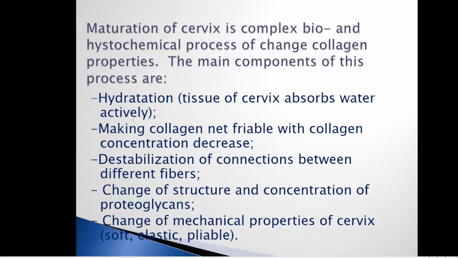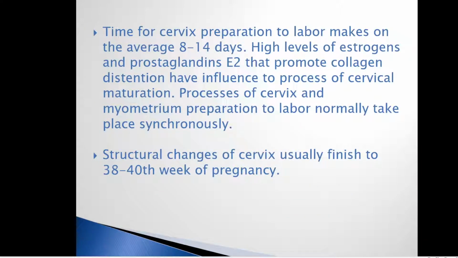The main components of this process are hydration, making collagen net friable with collagen concentration decreased, destabilization of connections between different fibers, change of structure and concentration of proteoglycans, and change of mechanical properties of cervix.